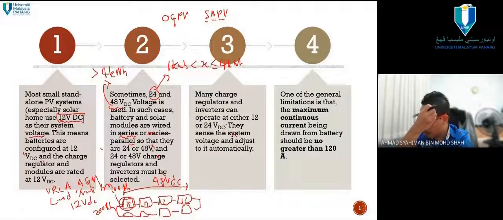So when you're playing with the battery, please make sure that you use insulator-based gloves. Please don't use the wrench or the spanner.